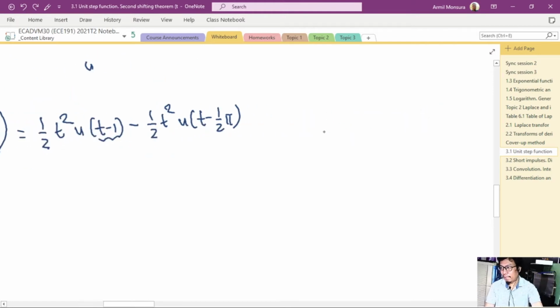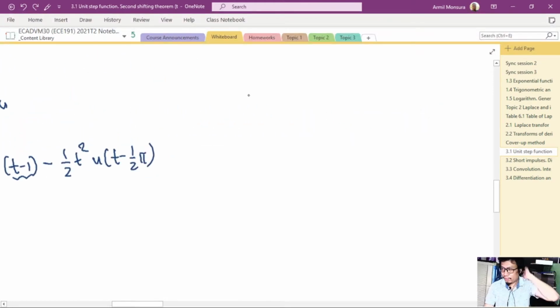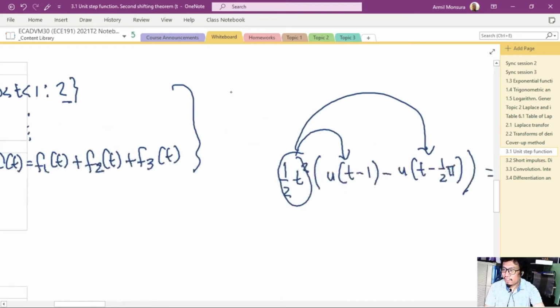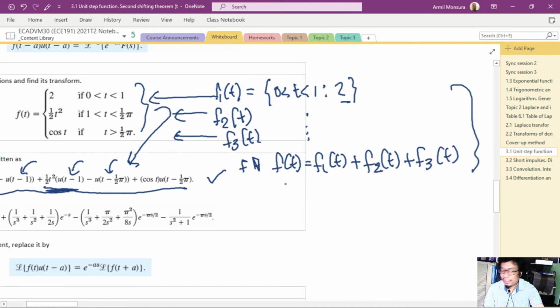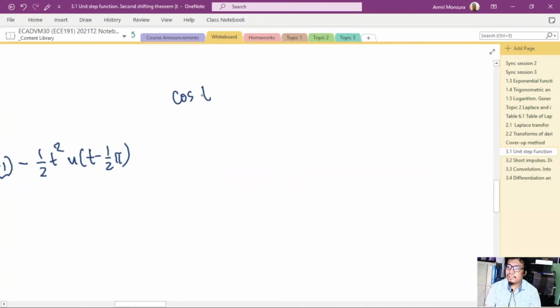Also, may I just interject on the topic of notation. At one point in this particular example, you have to write something like the last term, cosine of t times u of t minus 1/2 pi.